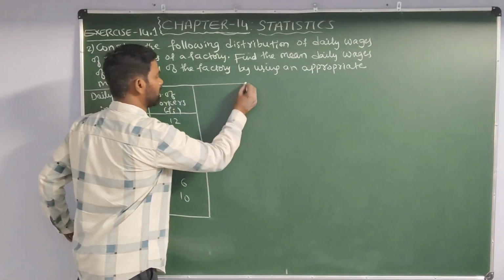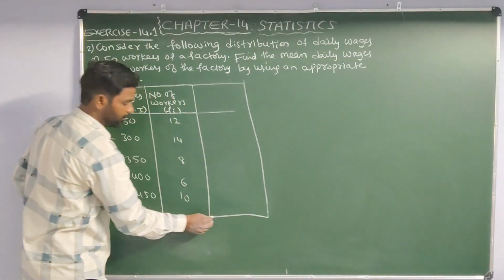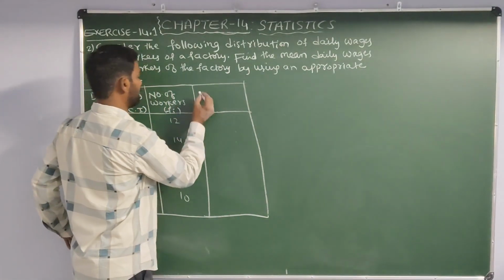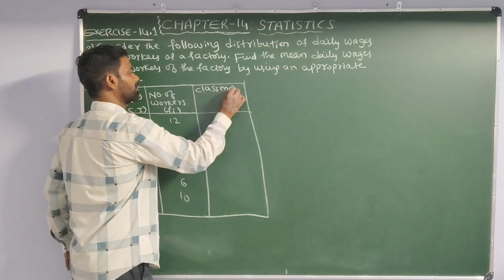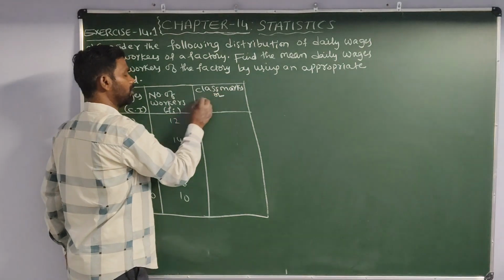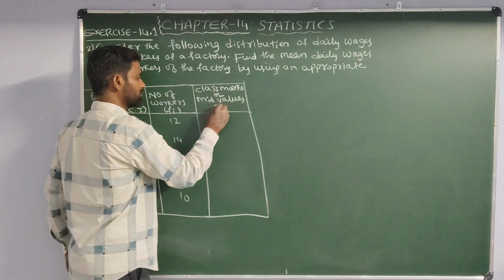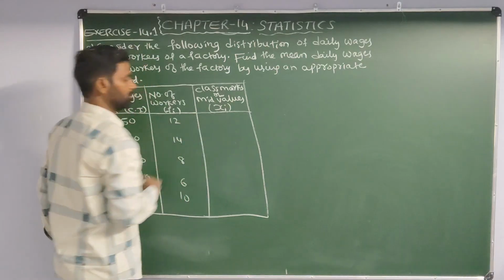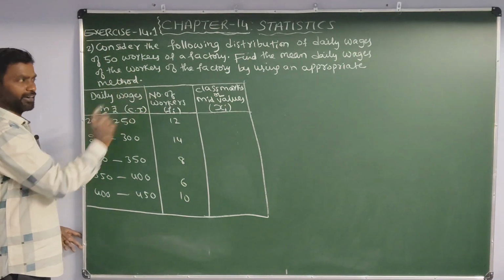Next column we have to draw, and that column name is class marks, or we may call them mid values, denoted by xi. Now find the class marks.